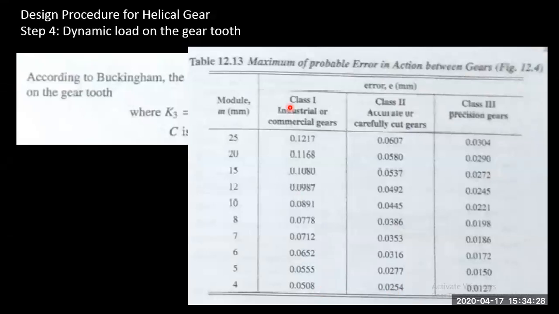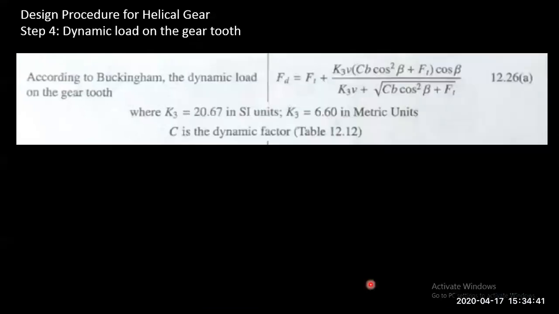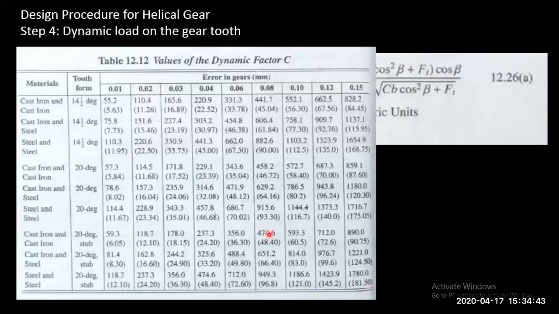Error we can choose. So let's choose industrial, or let's say precision. Some accurately cut gear for module. Accurately cut gear, 0.0254. Somewhere in between here for steel and steel. So let's choose this here.